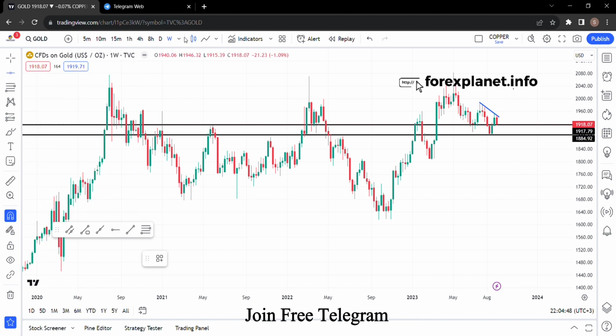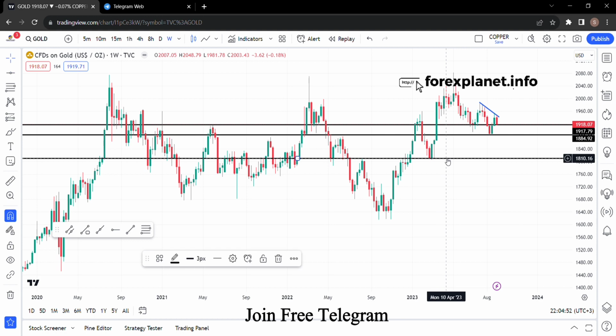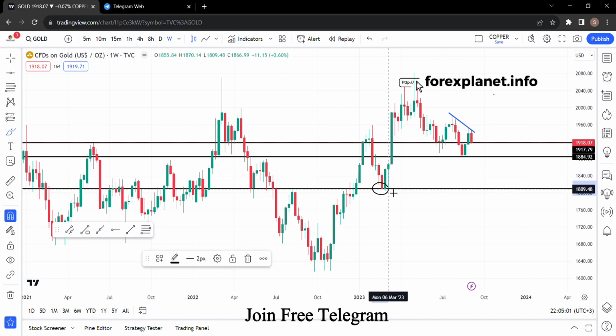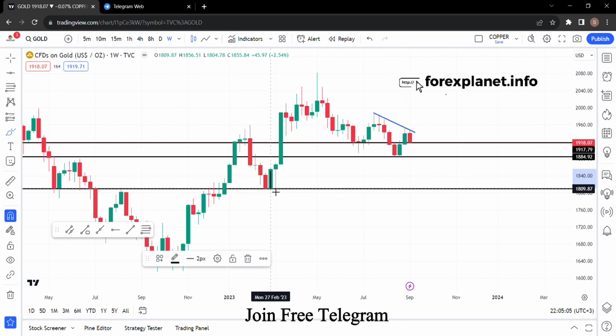From the weekly candle we have got two areas, and this is the third area that we have got because of weekly candle support. This is the area where the market got a pump last time, and this is called a bullish engulfing.